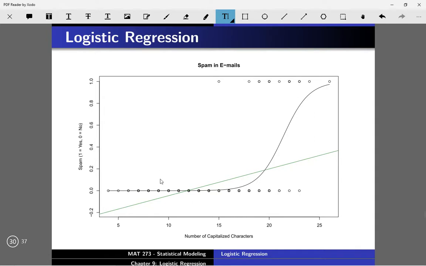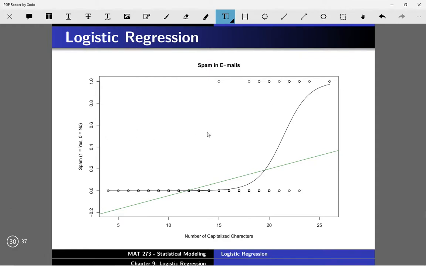Again, we don't really calculate residuals, but if we think about the amount of error for each prediction, the logistic model is getting these spot on, okay? It gave these a very low probability of being spam, and they were not spam. So it's doing a much better job than the linear regression model here based on this plot. And up here, once the number of characters gets really high, it's giving it a very high probability of being spam.